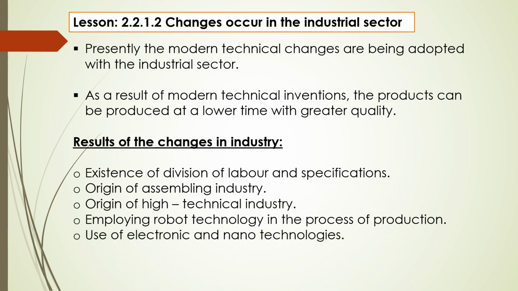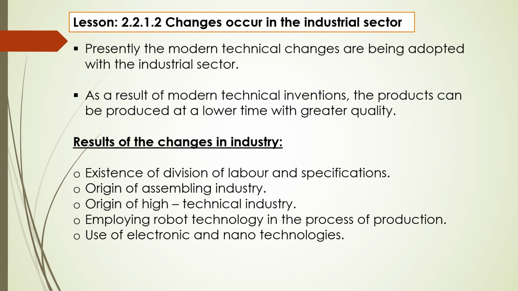And then use of electronic and nanotechnologies. You can see nowadays that electronics is mostly incorporated with the industrial sector. Earlier, mostly the electrical aspects were combined with the industrial sector, and nowadays you can see electronics.